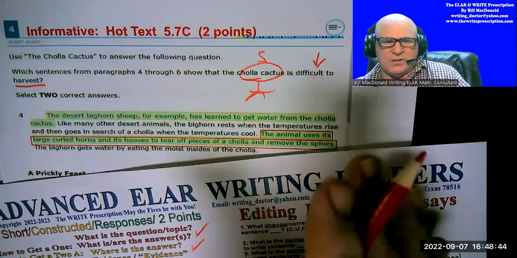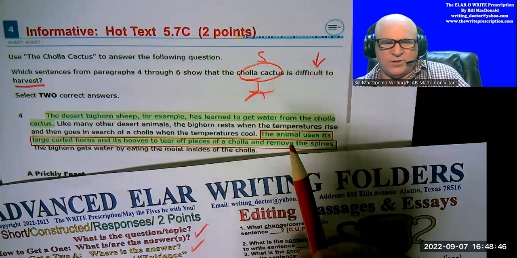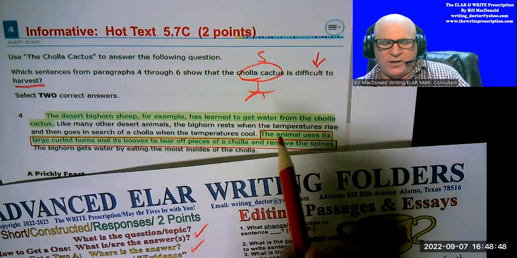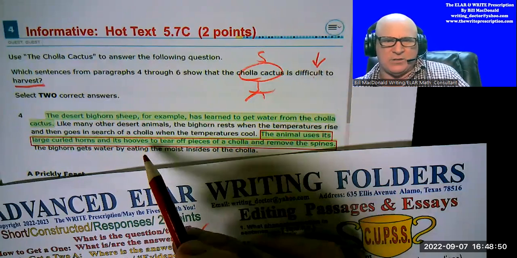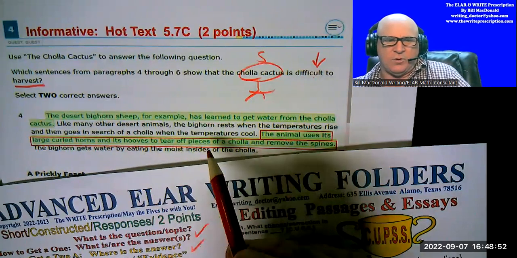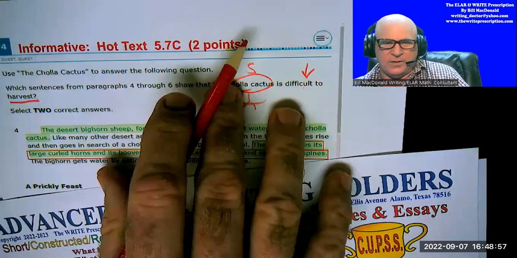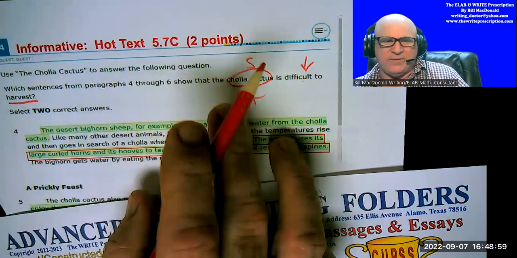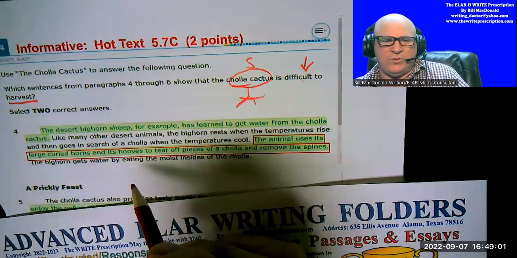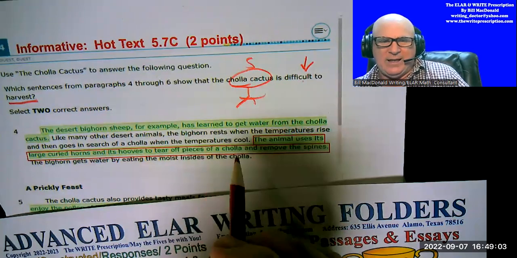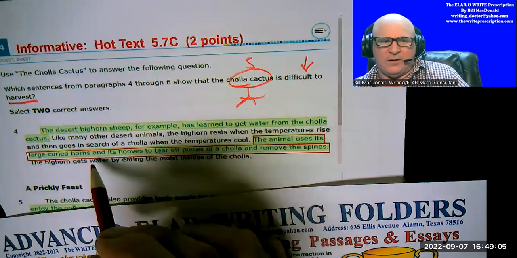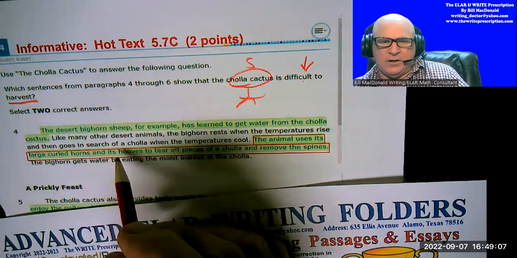The animal uses its large curled horns and its hoof to tear off pieces of the cactus and remove the spines. So it's so hard to get the spines off that the animal has to use its horns and its hooves to accomplish that.